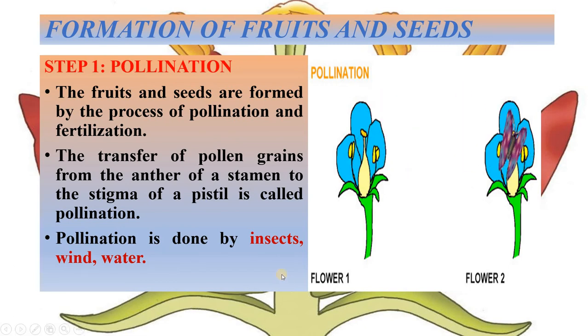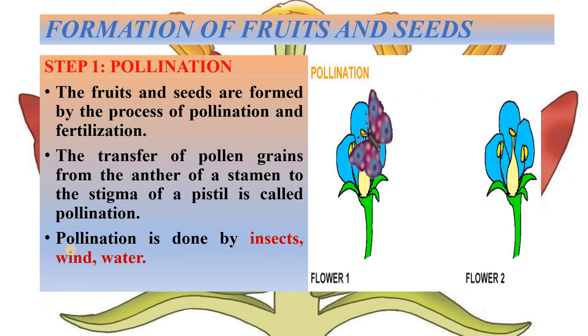What are the three agents? Number one is insect. Most common insects are butterfly and bee. Then wind and water. In case of aquatic plants, the pollination is done by water. By wind also, like few lightweight seeds such as maple, oaks, in that case the pollination is done by wind.